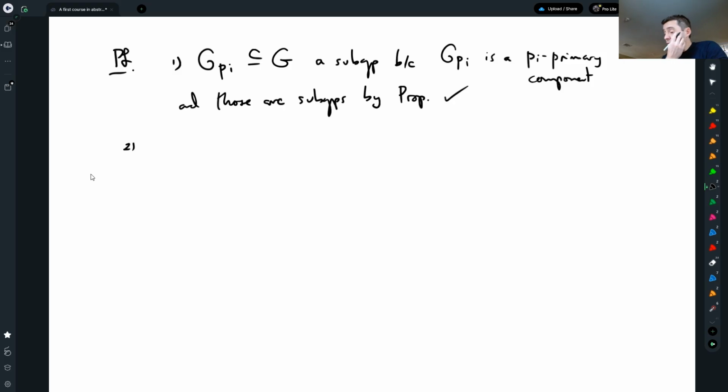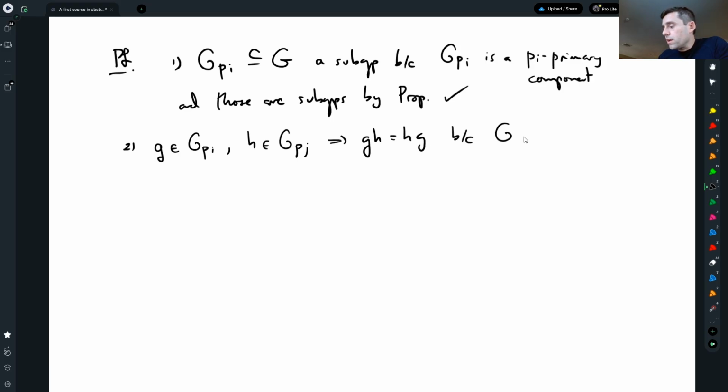Two, let me get out of the way the commutation, the fact that elements commute. So if g is in G_pi and h is in G_pj, then gh is hg because G is abelian. So that also works.